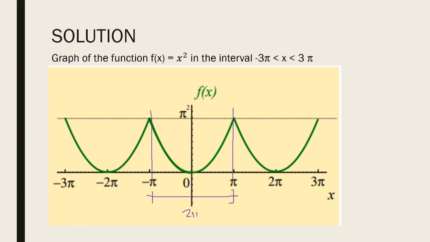It's simple. From negative pi, let's move another 2 pi interval. From negative pi to negative 3 pi, that's an interval of 2 pi. So it's just another curve, same as from pi to 3 pi. It's just another curve. So that's it.